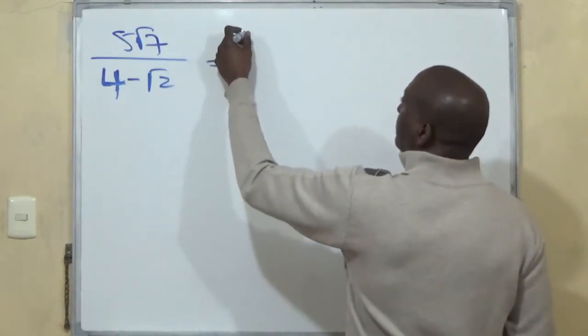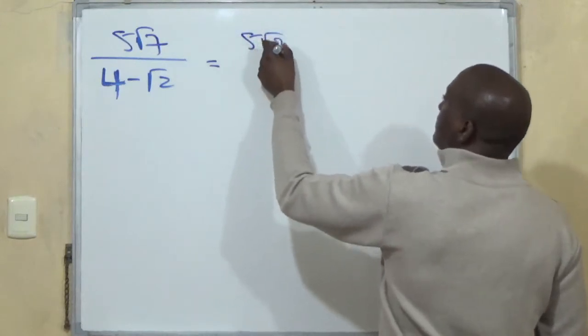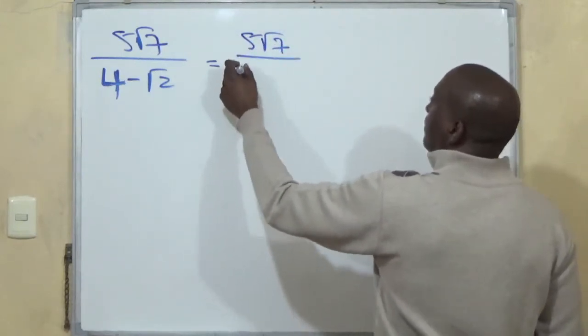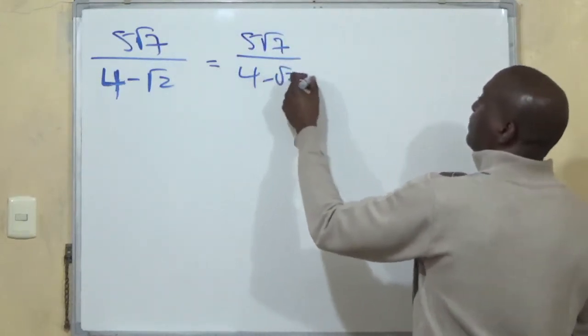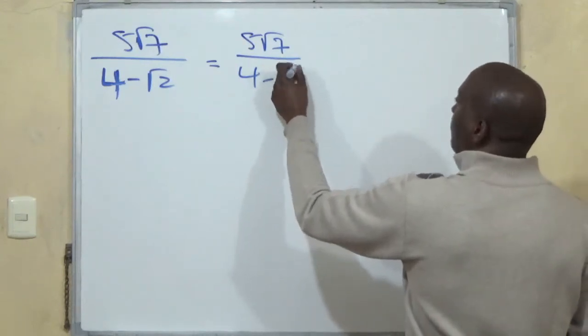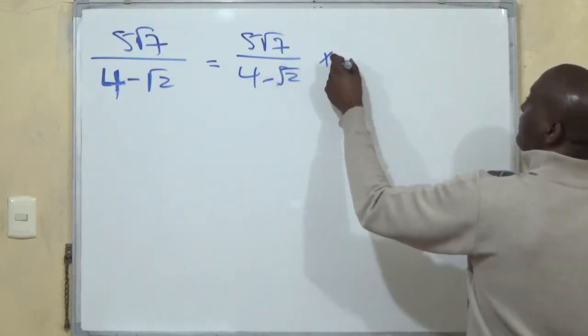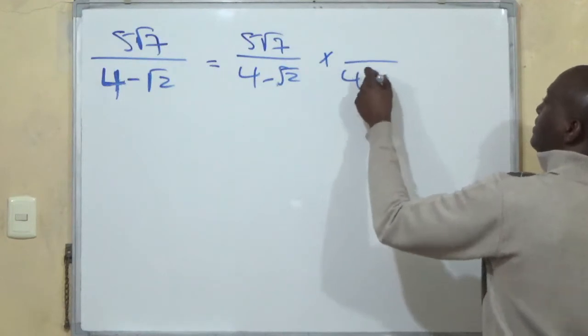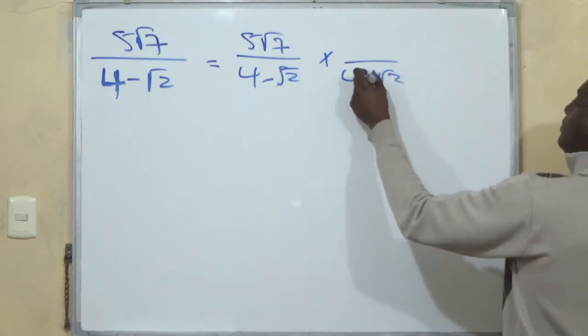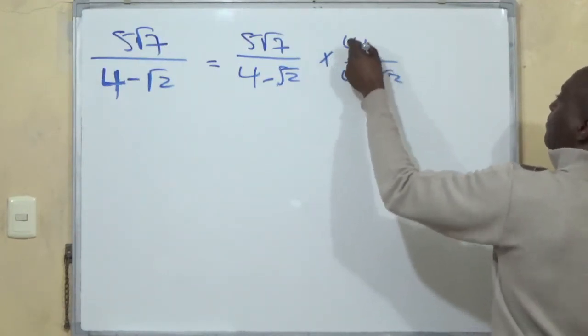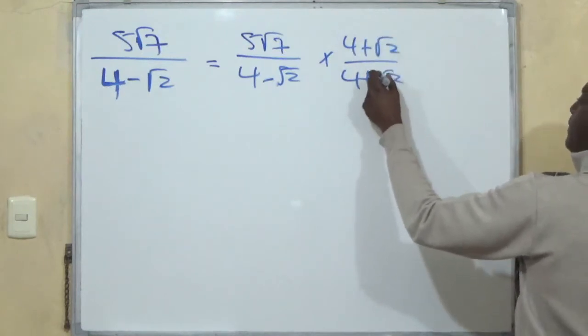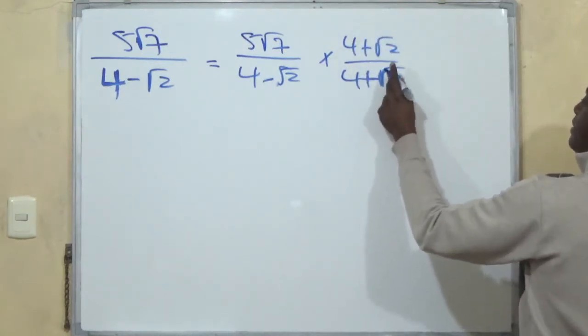That'll be 5 root 7 over 4 minus root 2. We know that we're multiplying by a whole fraction where the denominator is the conjugate, 4 plus root 2 over 4 plus root 2. We multiply and what do we get?